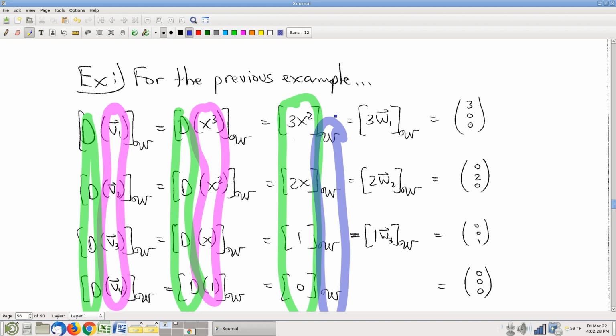And it's just a matter of thinking them through. So, for example, this 2x. How is 2x a linear combination of x squared, x, and 1? Well, it's 2 times the x vector. There's no x squareds in here. There's no 1s in here. So it's 0 times x squared plus 2 times x plus 0 times 1. And so you get these coordinates.